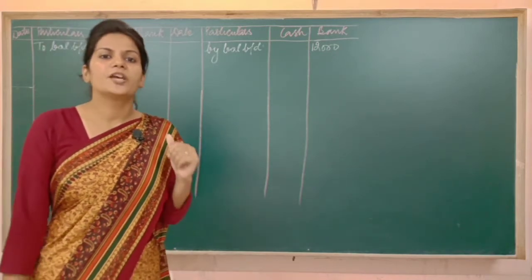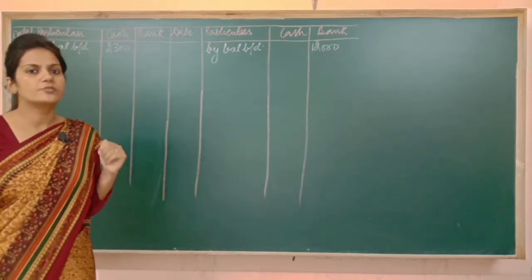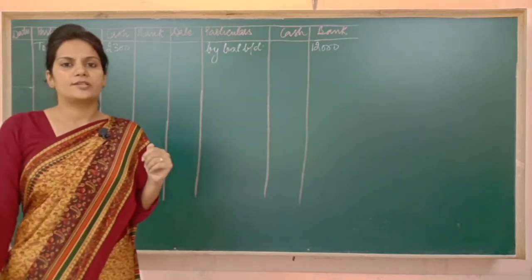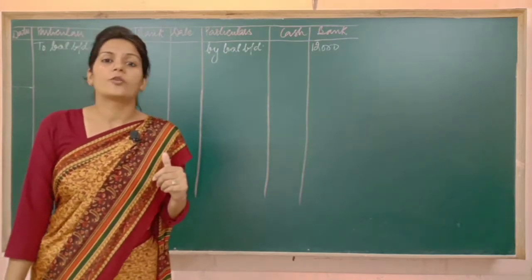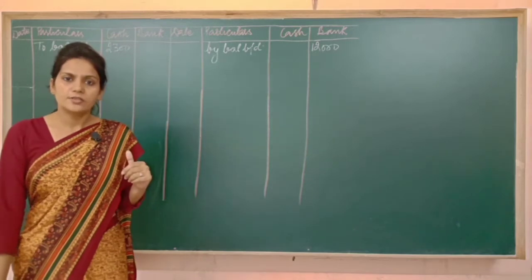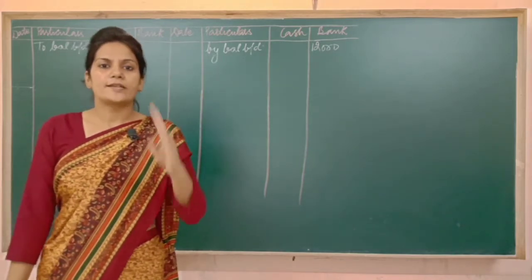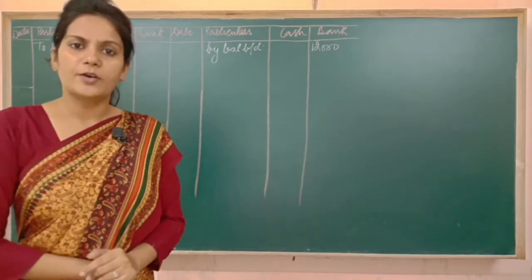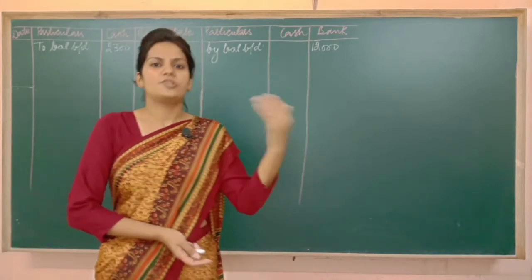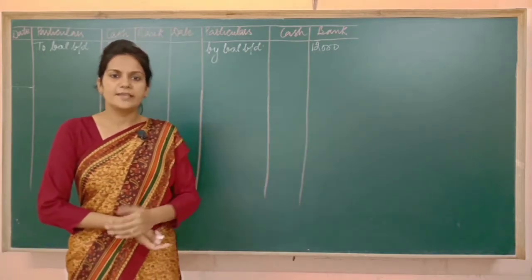It means that we have purchased goods for rupees 40,000 for cash, 15% trade discount. So 15% of 40,000 is 6,000. Fine. So 40,000 minus 6,000 is 34,000.